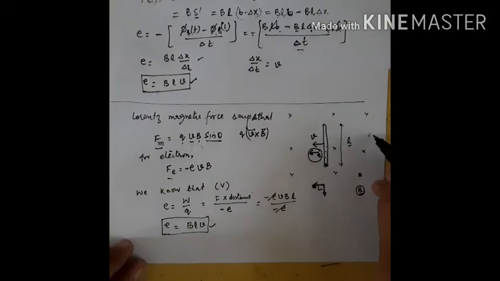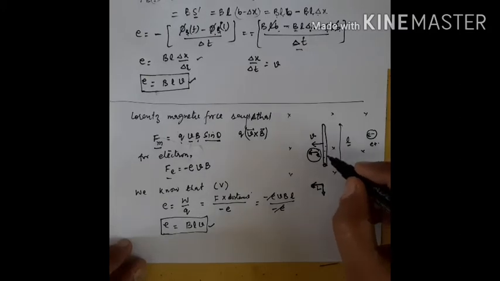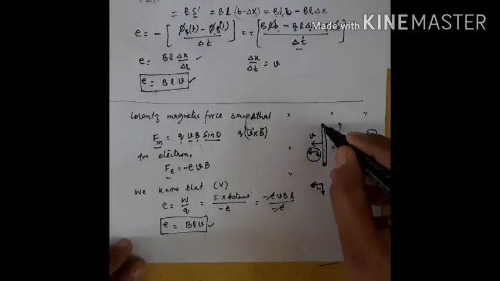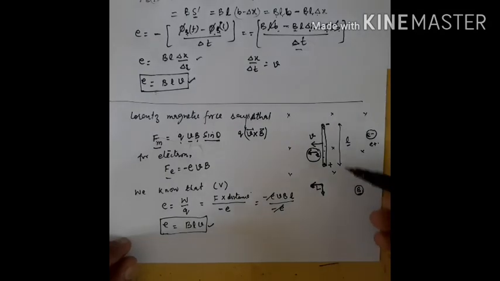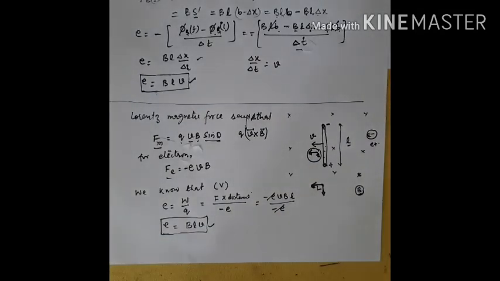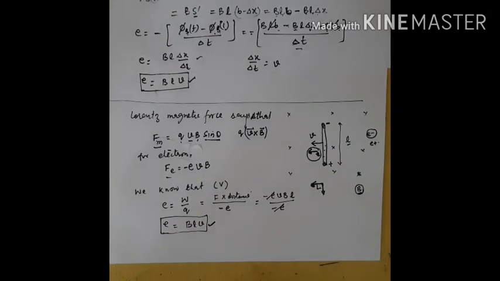Since electrons are negatively charged, the direction gets reversed, because this formula is for positive charge only, so the force is in the upward direction. All the electrons get collected on this end, so this end becomes negatively charged and the other end becomes positively charged. This separation of positive and negative charge creates an induced EMF or potential difference, given by BLv.